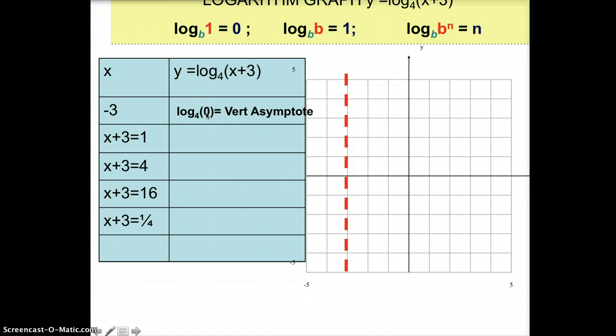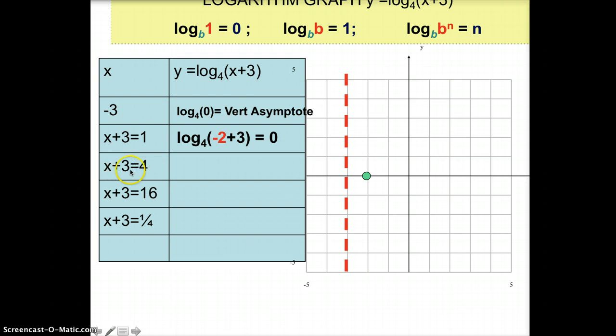The next number that I do here is actually a little equation solver. It's x plus 3 equals 1. You see, I want this number to be a 1 because I know what log base 4 of 1 is. So I do a little calculation there, and I discover that this should be x equals negative 2. So I put a negative 2 there, and that gives me negative 2, 0.